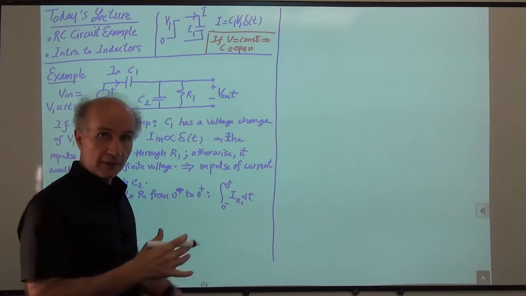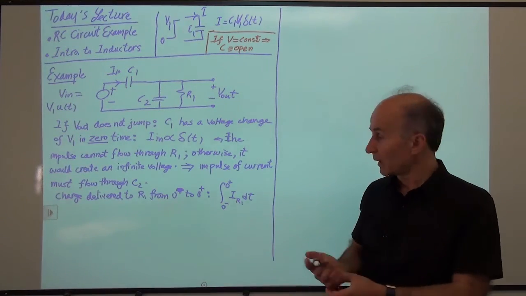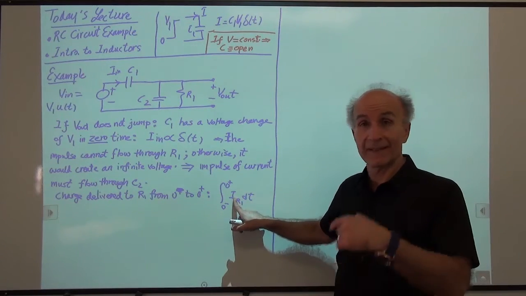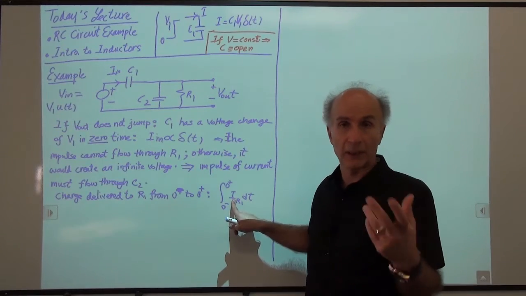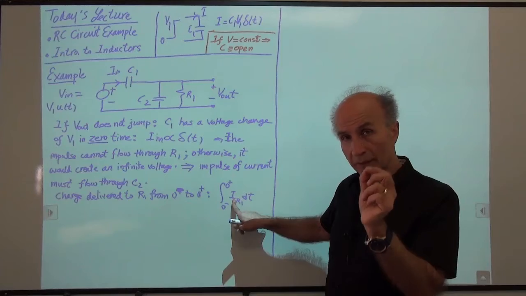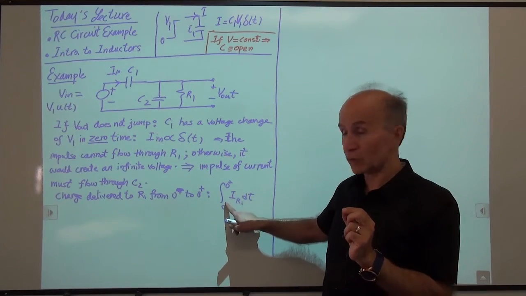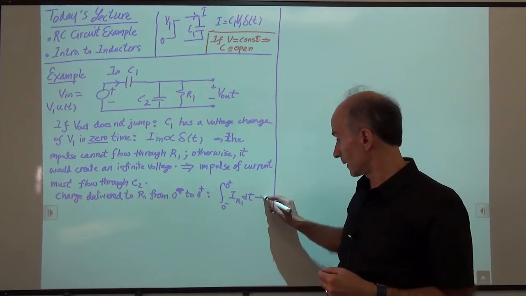Remember, charge is the integral of current with respect to time. Now we decide that the current through R1 is not an impulse. If there's any current, it has to be finite. It cannot be infinite. And because we have a finite amount of current, and we are integrating it across a very, very short amount of time, the result will be close to 0. So we say this is 0.